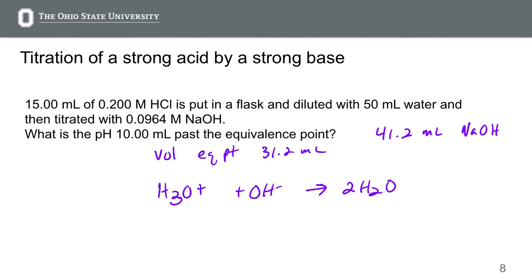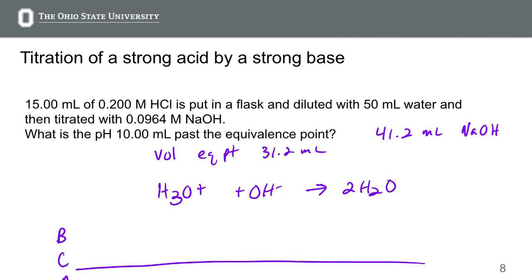Do our BCA. We still start with the same number of moles of H3O+. Don't worry about the fact that we did any other problems, or think about having reacted away some of that. We're just imagining what the pH is when we're reacting the starting moles of H3O+ with 41.2 milliliters of hydroxide.